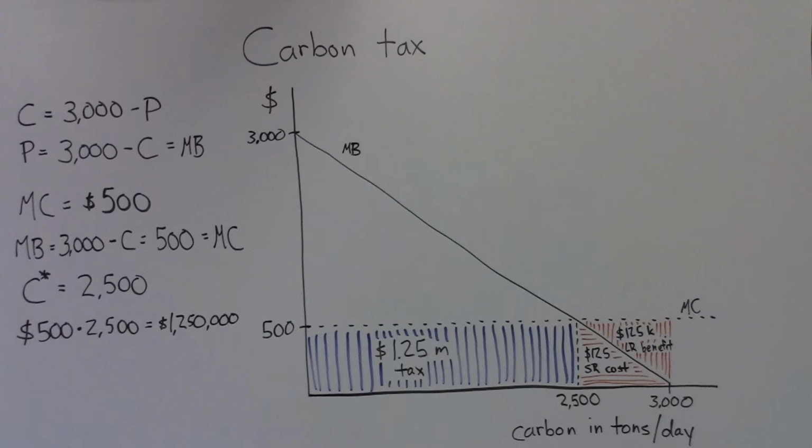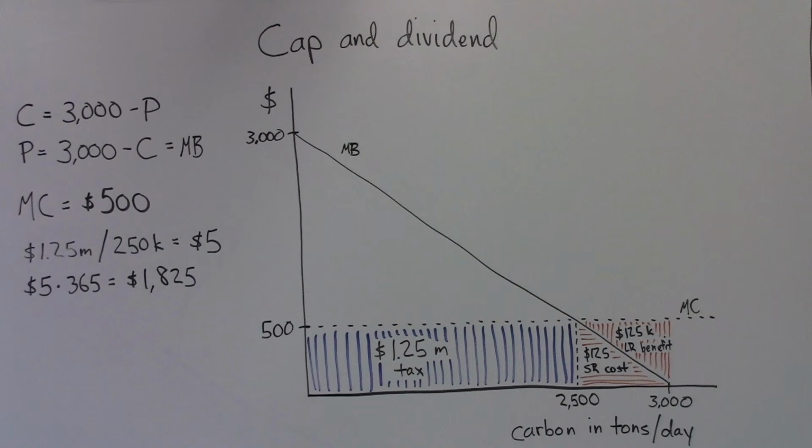Let's analyze how a cap and dividend policy would work for Springfield. In a cap and dividend scheme, the city would auction off carbon permits, assuming that the long-run marginal cost of emissions is $500 per ton. How many permits should they auction off?